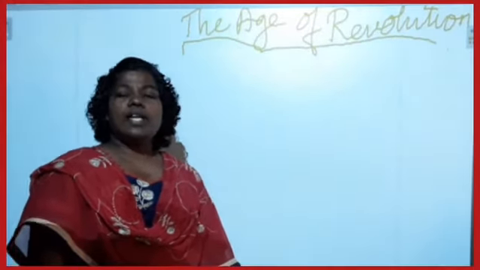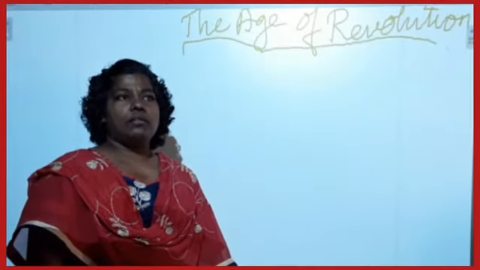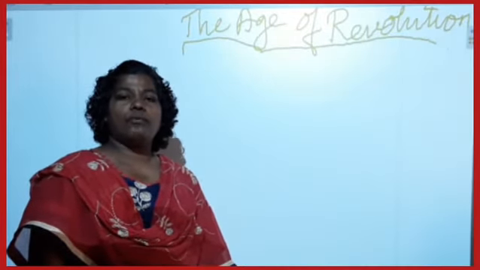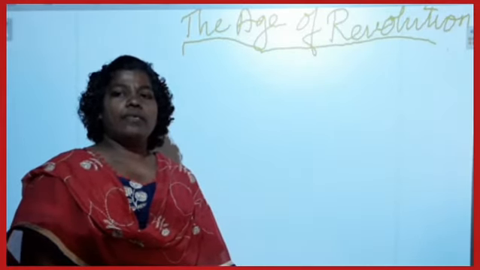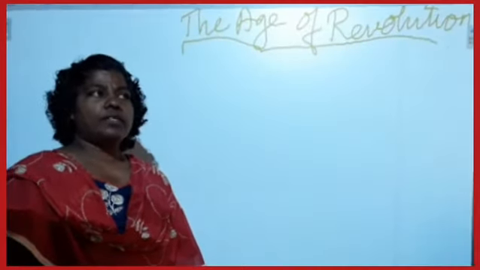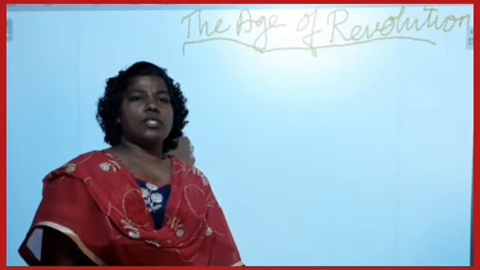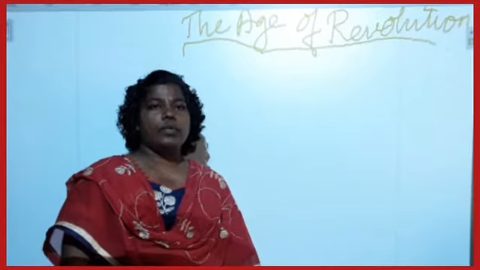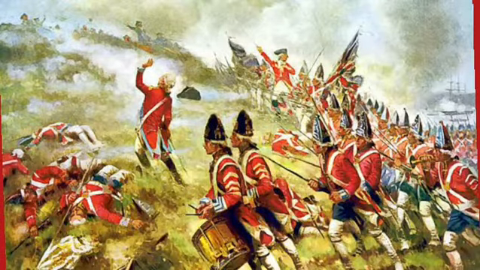In this class we are going to see what led to the American War of Independence, what the effects were, and what was the result of this war, and also the French Revolution and its causes. First of all we are going to see about the American War of Independence.